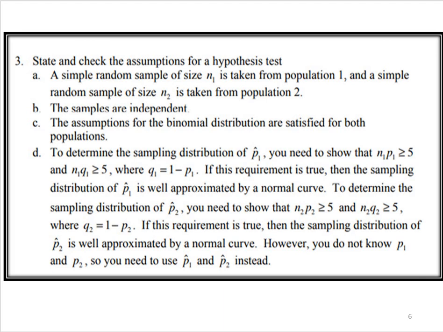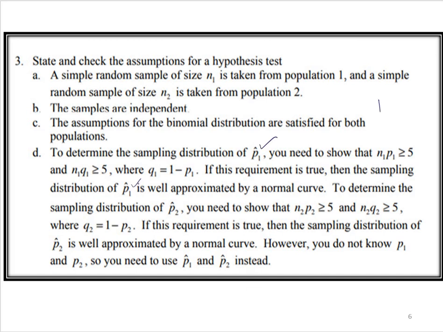They are not paired ones. Then the assumption is that the binomial distribution is satisfied for both populations. And then find P1 for the first one and P2 for the second one.